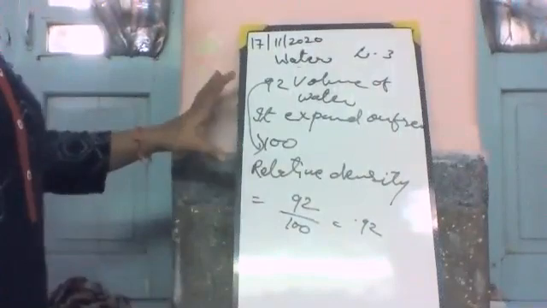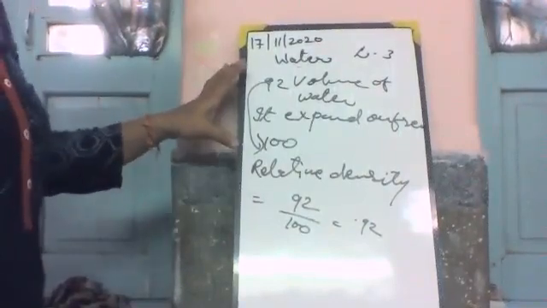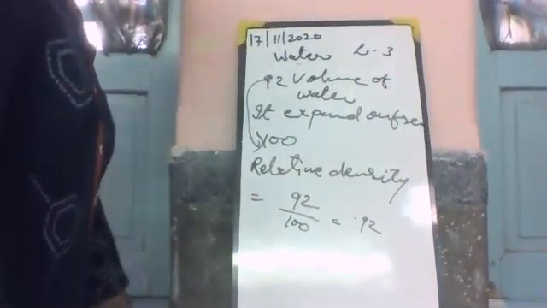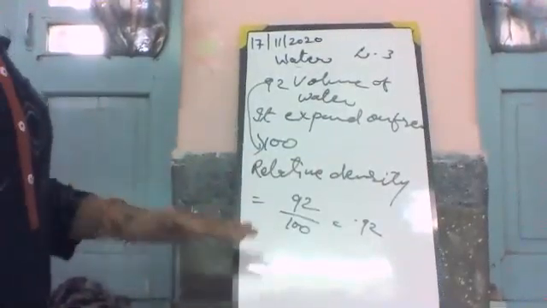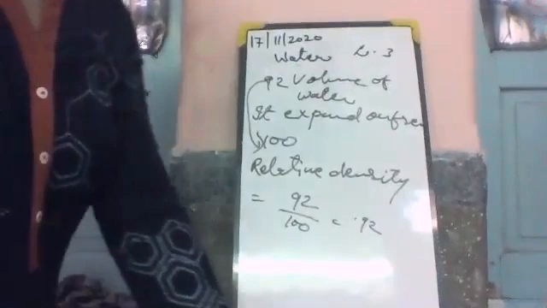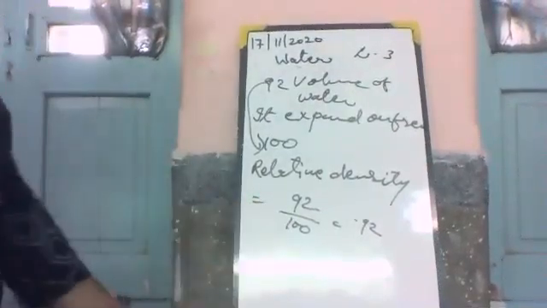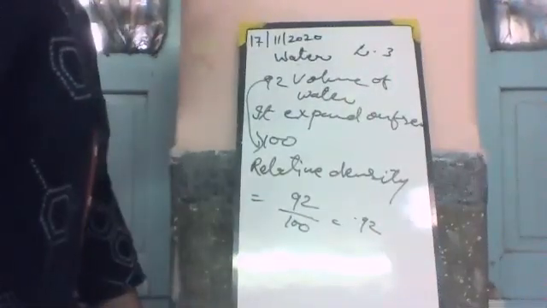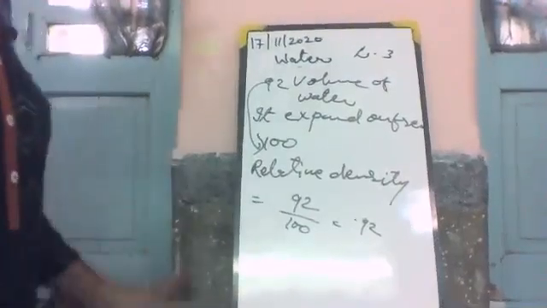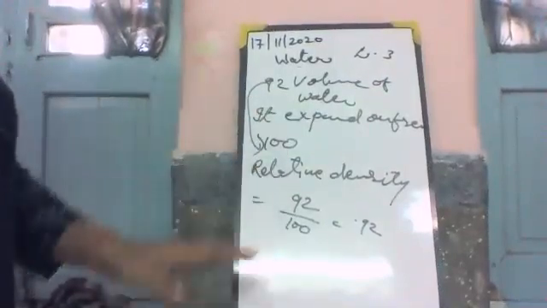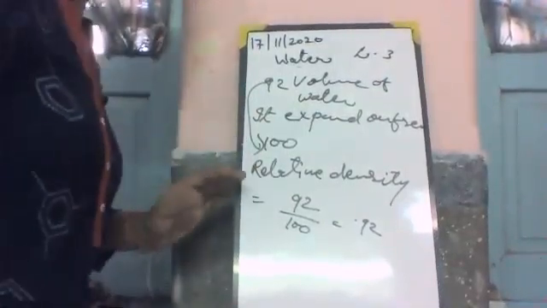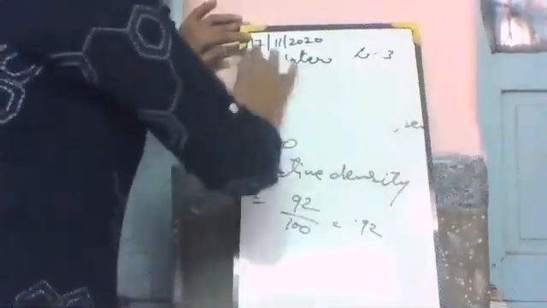That's why ice floats on water. This is the reason for floating ice on water, because the relative density is changed from 1. Anomalous expansion of water. There is an unusual property of expansion of water.